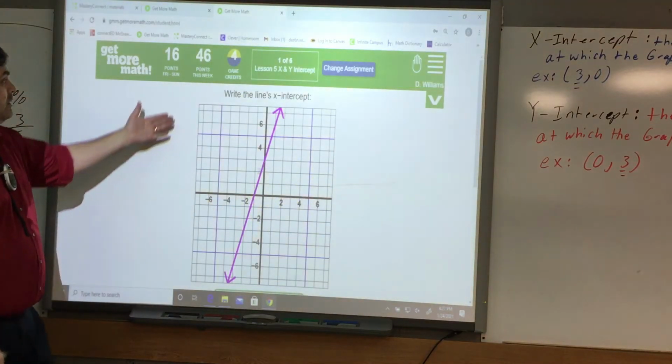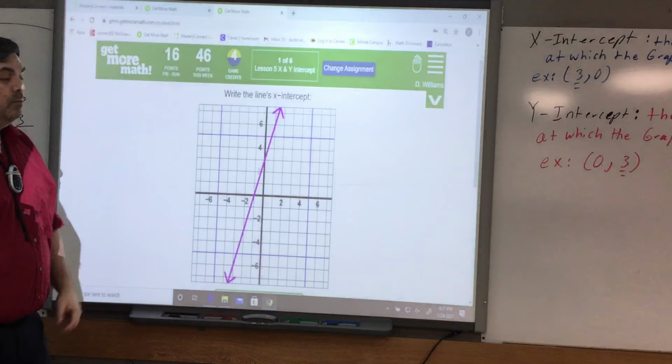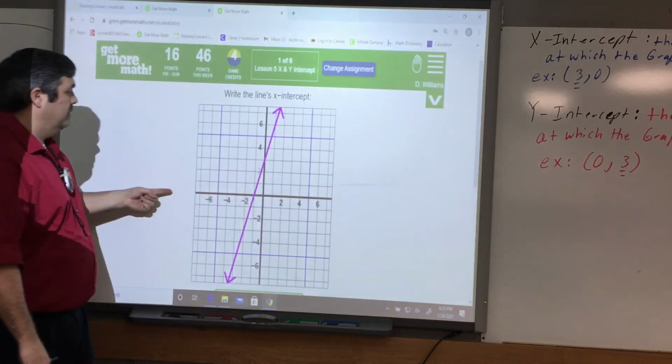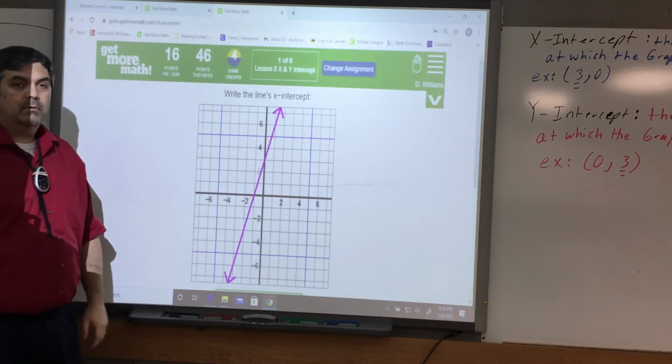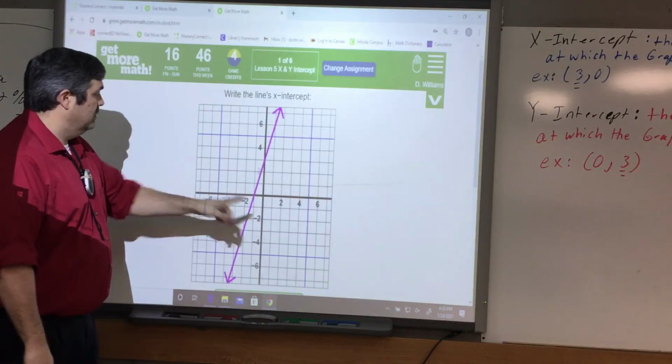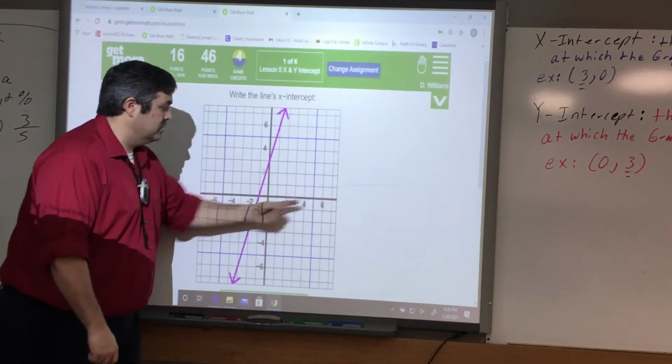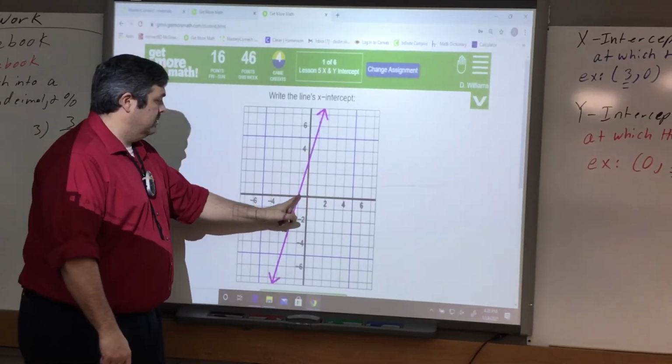Now here, they say, what's the x-intercept? So where does this line cross the x-axis? Here's the origin, and we're looking for where this crosses the horizontal line, that x-axis. There.